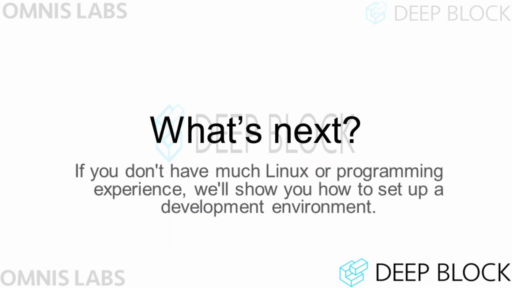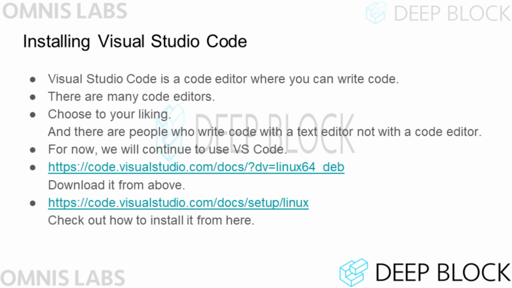From now on, I will show you how to set up the practice environment that we will use in the future. First, let's install Visual Studio Code. Visual Studio Code is a free and open source code editor that provides a variety of tools for software development. There are many code editors besides Visual Studio Code, but we will use Visual Studio Code in this course.